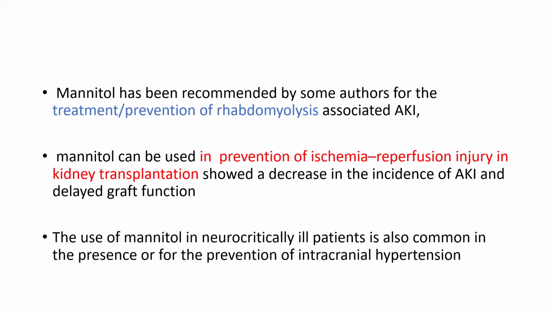So mannitol has been recommended by some authors for the treatment and prevention of rhabdomyolysis associated with AKI. Mannitol can be used in the prevention of ischemia reperfusion injury in kidney transplantation, and it showed a decrease in the incidence of AKI and delayed graft function. The use of mannitol in the neurocritically ill patient is also common in the presence or for the prevention of intracranial hypertension.